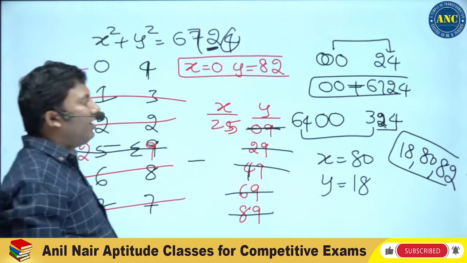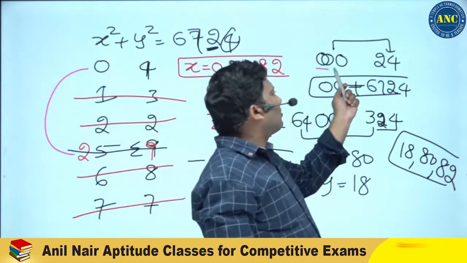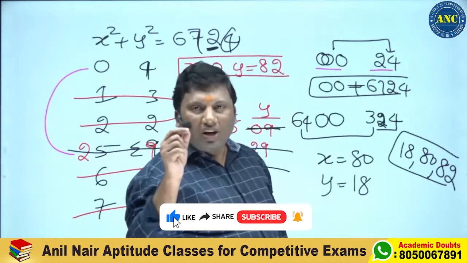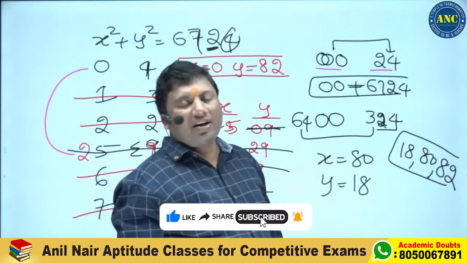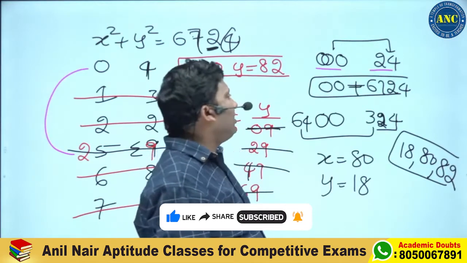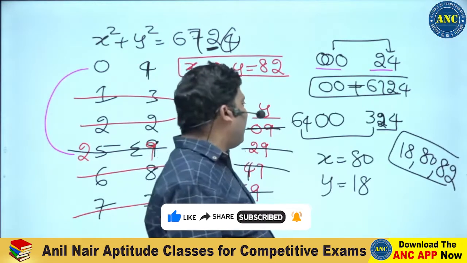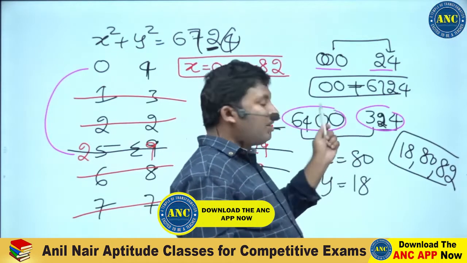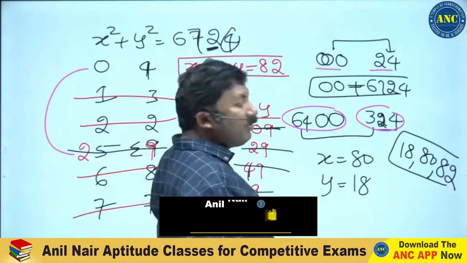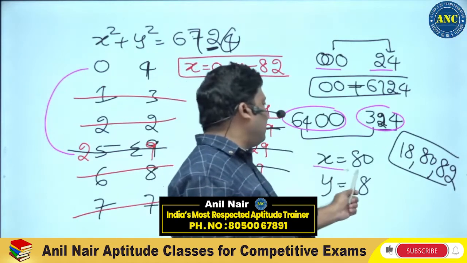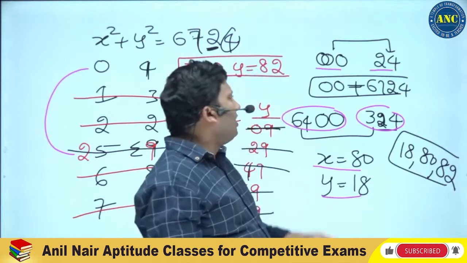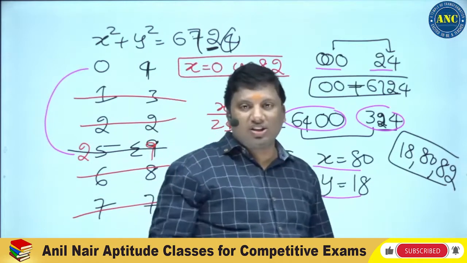Any perfect square gives an even number of zeros. This is 00, and this has to be 24. What is the smallest square whose last two digits are 24? 18 square is 324. If it is 324, this will be 6400. 6400 is x square, x is 80, y is 18, hypotenuse 82. Next one: 18 square is 324.